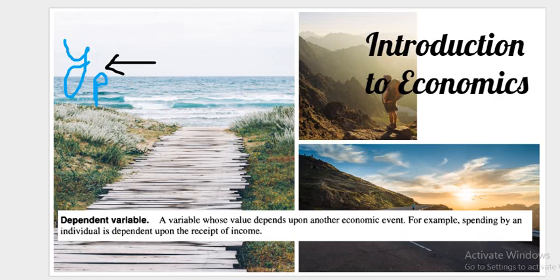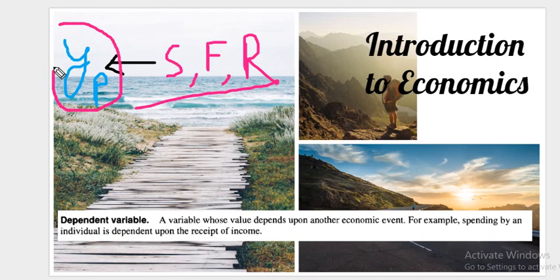It was dependent upon, let's say, soil fertility, use of fertilizers, and the amount of rainfall. So considering these three factors, this yield of potatoes is now dependent upon these three. So this actually is a dependent variable.